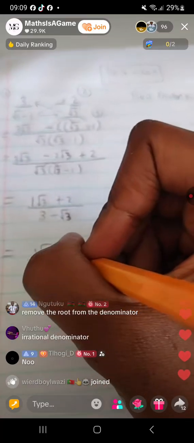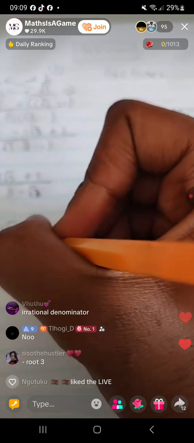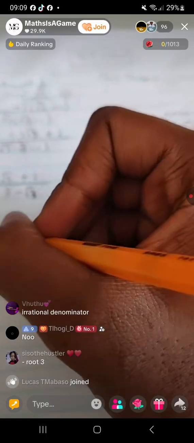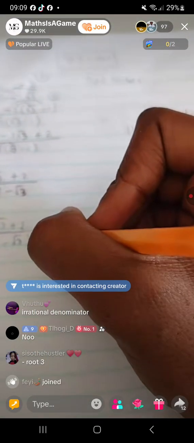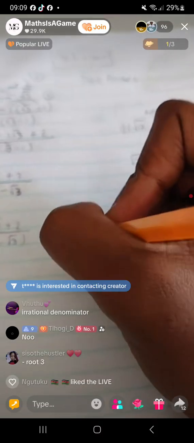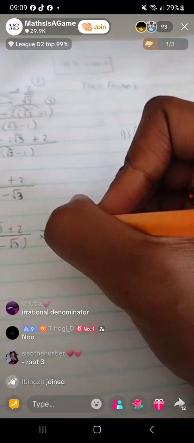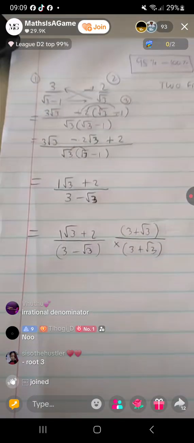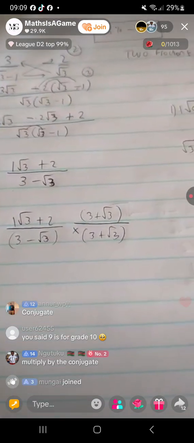Now you can use that big word you guys love using. We have to multiply by the conjugate. In other words, we have to rationalize the denominator.